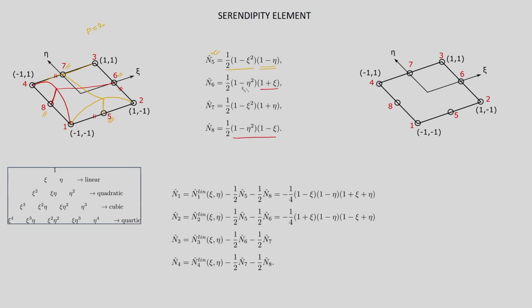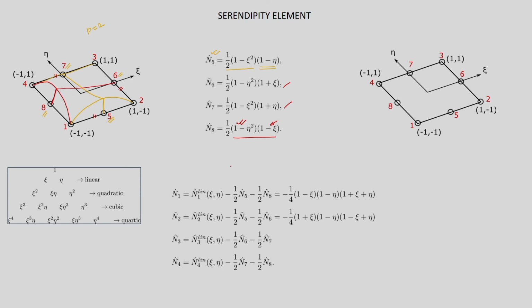The first part is the quadratic variation of N8 along the eta direction, and this part shows the linear variation of N8 along the xi direction. This way we can construct N6 and N7 as well.